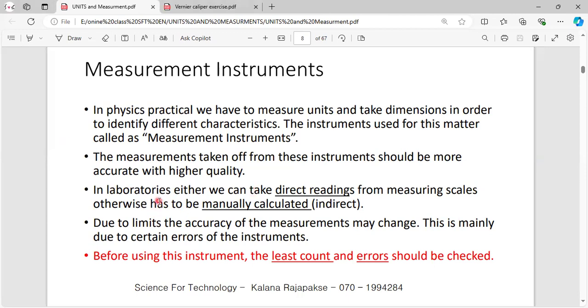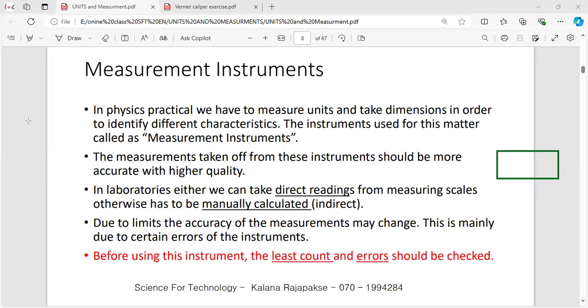In laboratories and industrial applications, we can take direct readings from a measuring scale. Give me one example. Let's say you want to measure the length of this eraser.